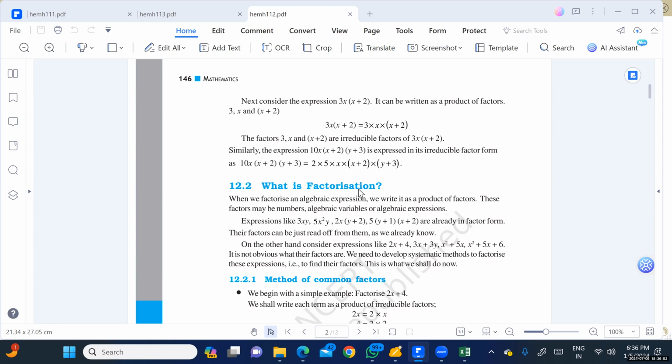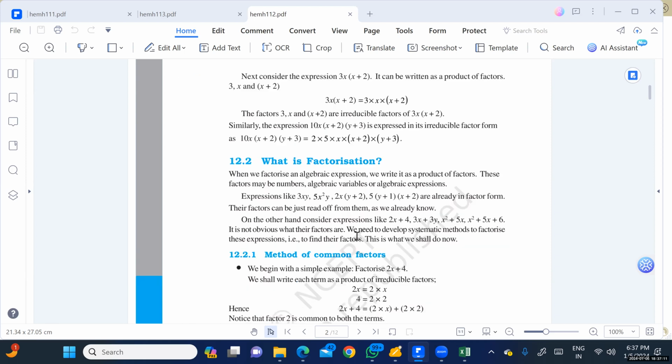Yes. Irreducible form is called when we have an algebraic expression, and prime factors are called when we have natural numbers. Understand? Important to keep this in mind.